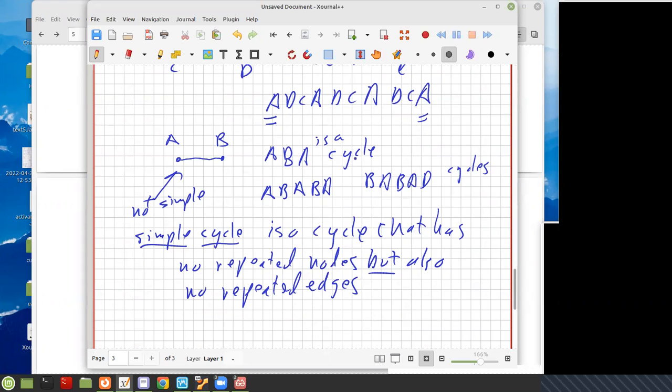So for example, this one here has no repeated nodes except the first and last node. To be a cycle, it has to repeat the first and last node. But you notice in the middle, this one is not a simple cycle. This is a cycle, but not a simple cycle. All the cycles in this graph are not simple.